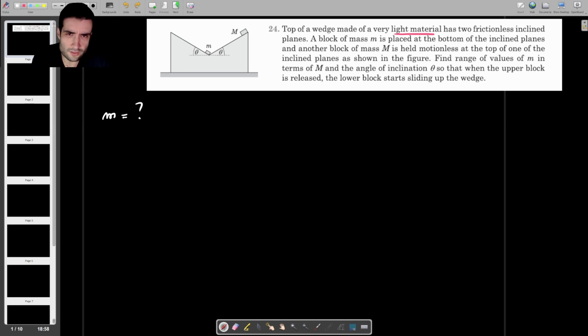So why would this happen in the first place? The reason for that is essentially, as M is going to be sliding, it will exert, as you'll see, a normal force on this wedge, and that force is going to accelerate the wedge towards the right.